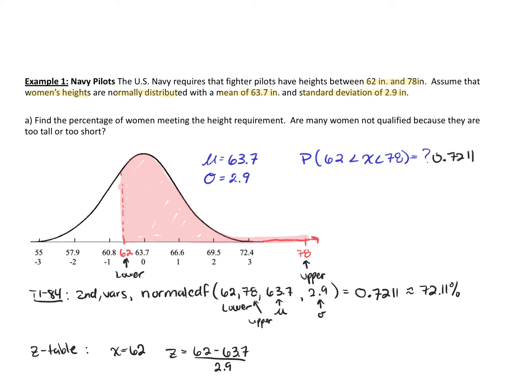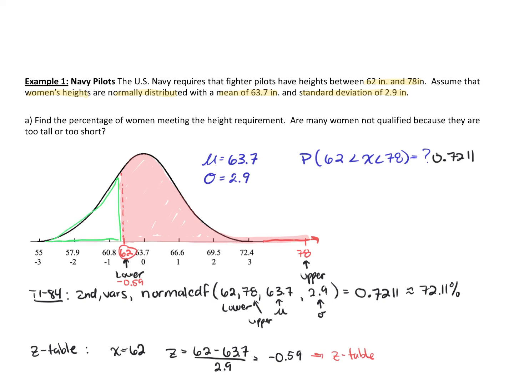That's going to give us a z-score of negative 0.59. So that 62 has a z-score of negative 0.59. And then when you go to the z-table, if you search on the negative side of the z-table, it will give you the area that's to the left of that z value. So the area to the left, I'll shade in green here.